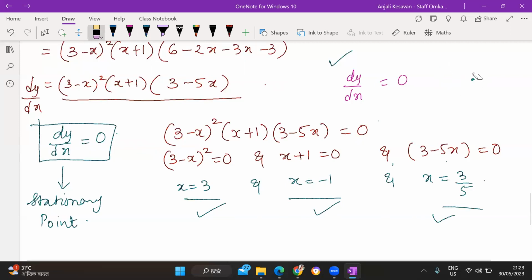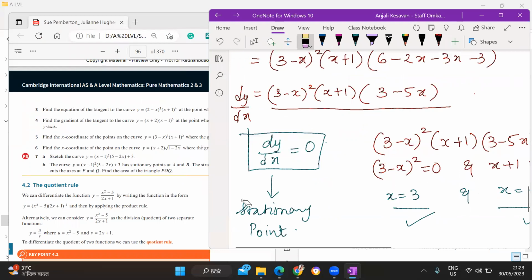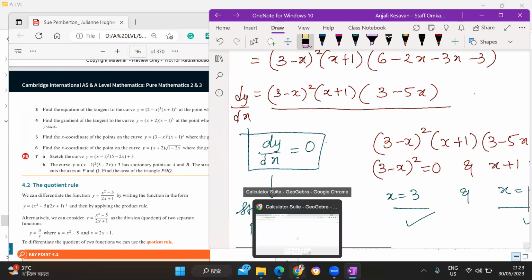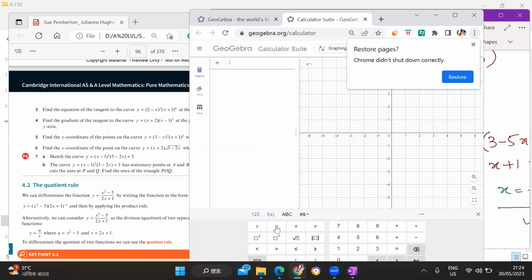Okay, so let's see this on the graph. So let me put this curve on the graphing calculator. All right, so your y is equal to 3 minus x the whole cube, right?